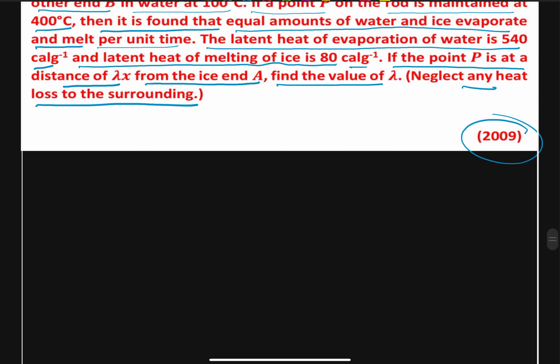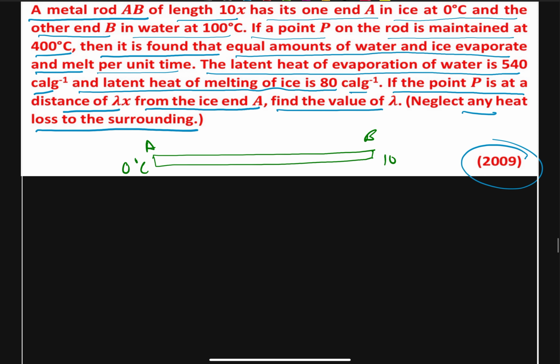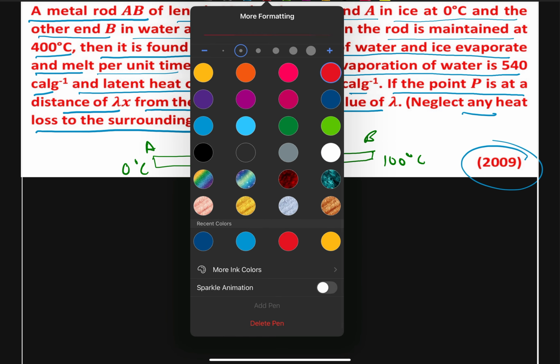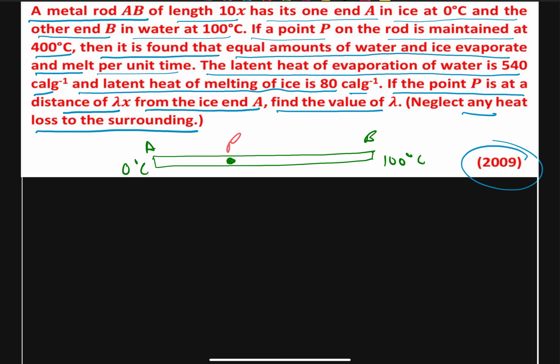Okay. So we can just draw the basic figure for that. So we have a rod AB, and A is at 0 degree centigrade and B is at 100 degree centigrade, and in between we have a point P. Suppose this is our point P, and this point P is at a distance of lambda x, and the total length is given to us as 10x.